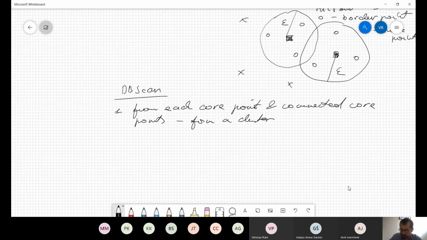So the number of clusters is defined by the core points. And the second step is to assign border points to clusters. Once we have formed clusters by these core points, we assign all the border points to the clusters, and what's left is the noise.